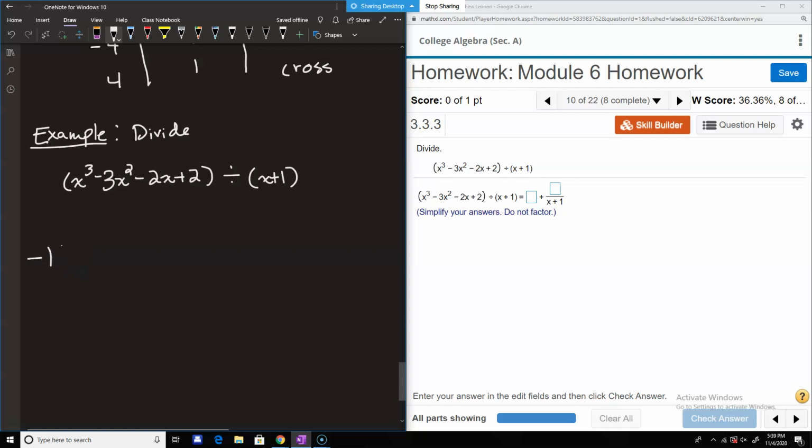So I write minus 1 up here in the corner. And then on top, I'm going to write all the coefficients of the other polynomial. So I have a 1, a minus 3, a minus 2, and a plus 2. Then I write a line like this, and this is where the magic happens. The first step is to just bring down the first number.